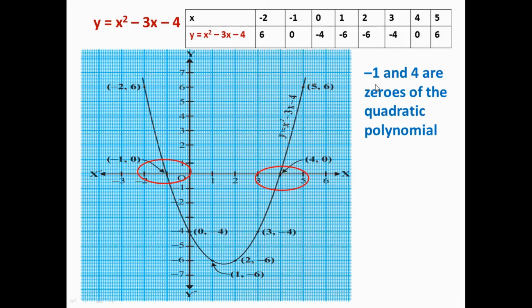So here again, wherever the graph intersects the x-axis, at that point we get our zeros. That x coordinate is the value of our zeros. Now, what is the shape of this graph, students? Yes, it is a parabola. It is a parabolic shape.